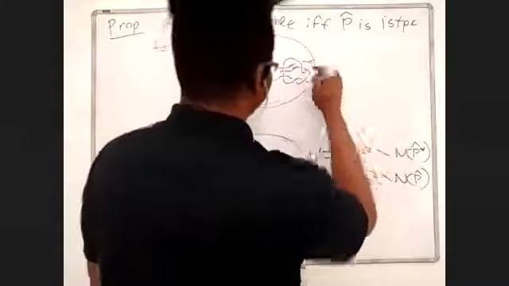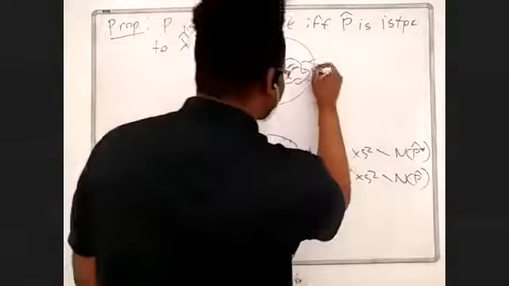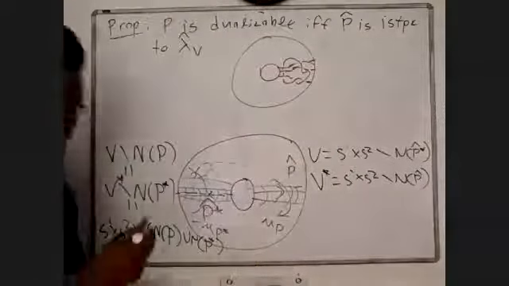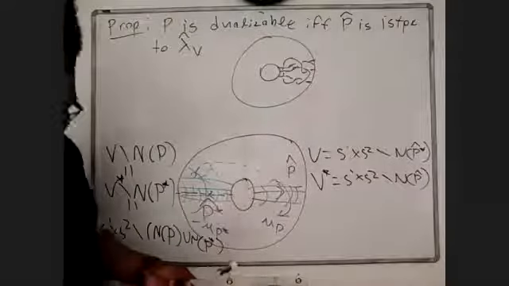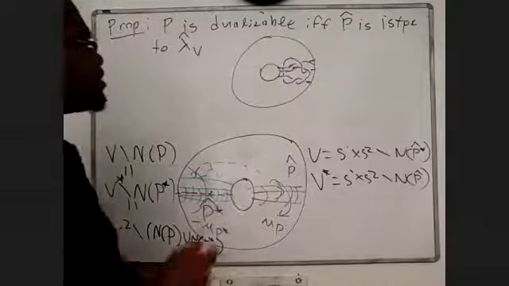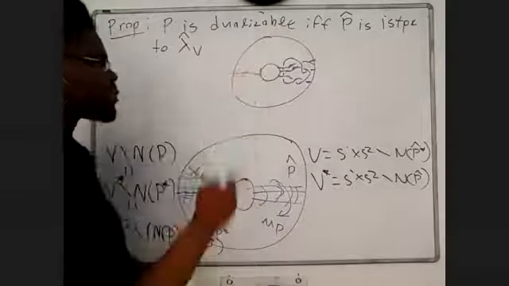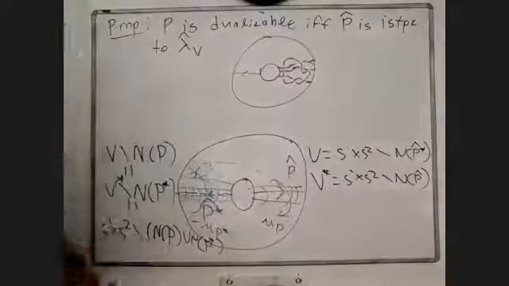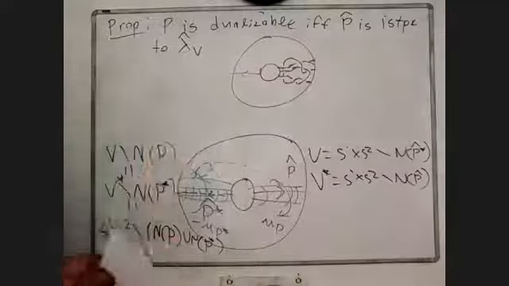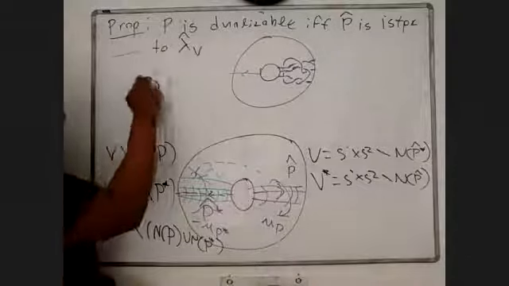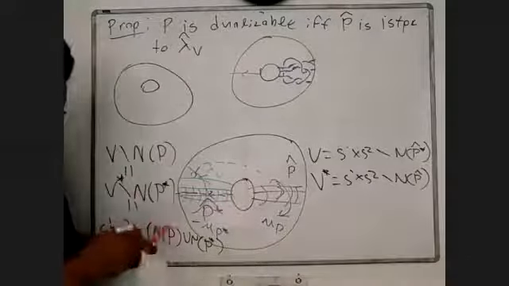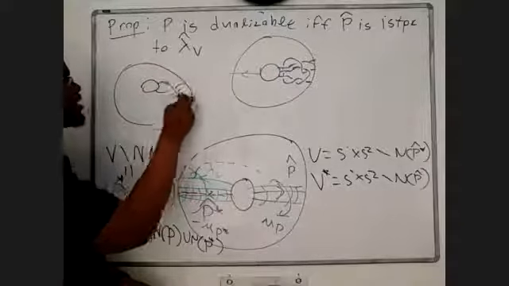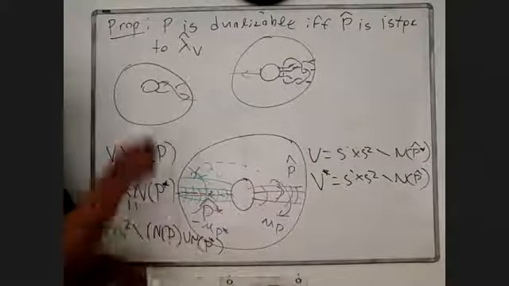There it is. Okay, so this pattern, it turns out, is isotopic to this guy. So this pattern is dualizable. And that's what goes wrong in this picture. If I looked at this picture, this guy is not isotopic to just this.